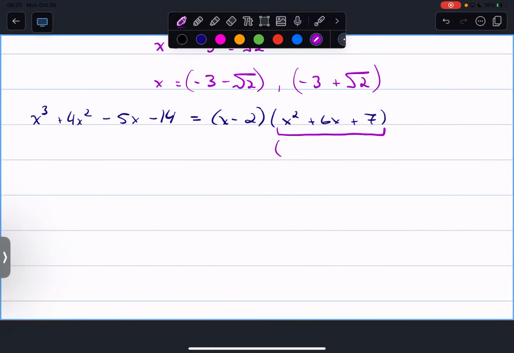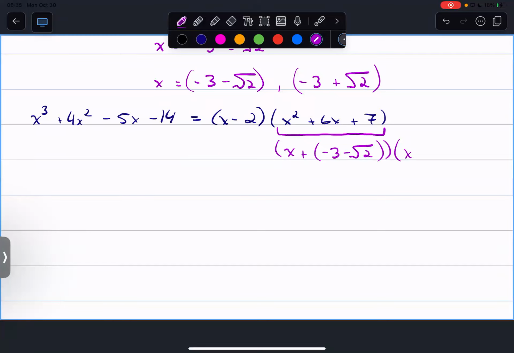So I get x plus -3 minus √2, is that right?